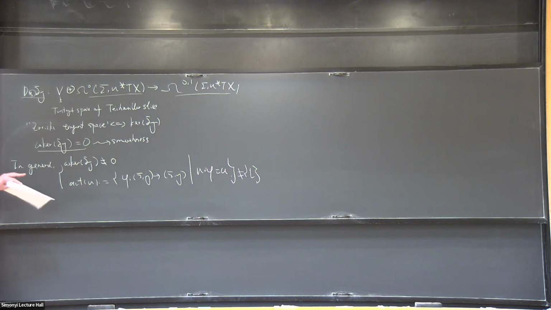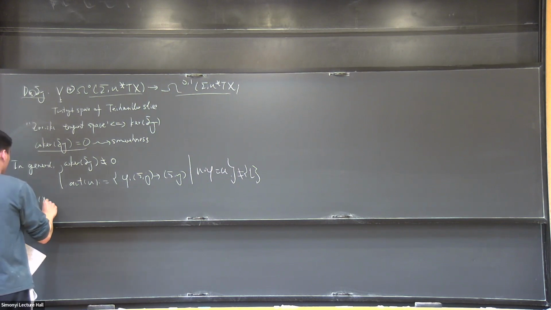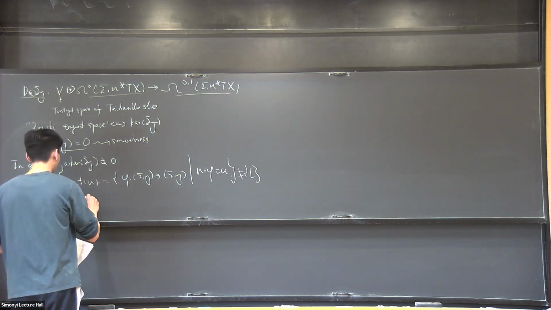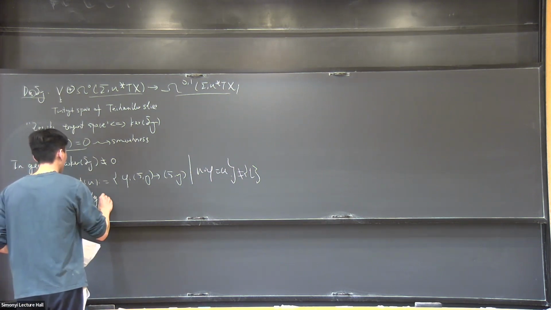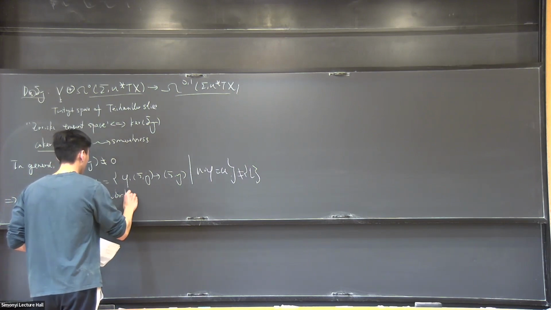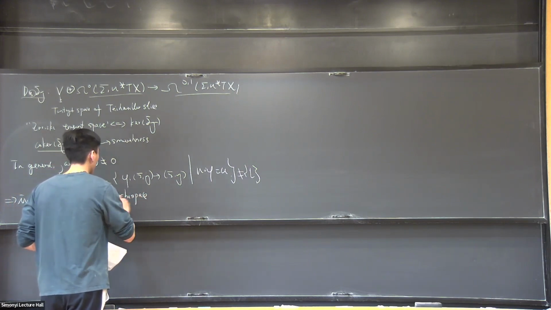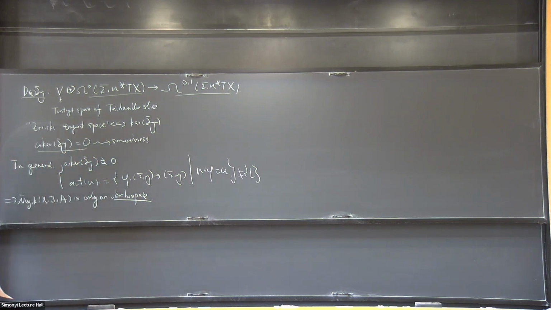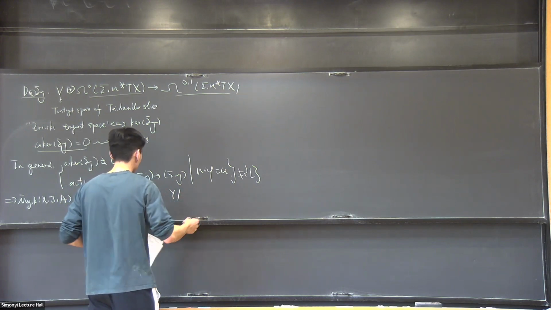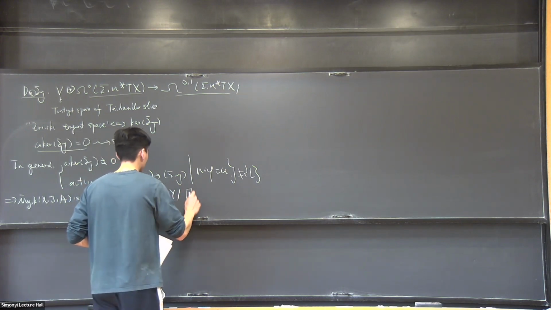Because of these two properties, we know that in general this moduli space is only an orbit space, in the sense that it's a space with local model given by a quotient of a topological space by a finite group action.